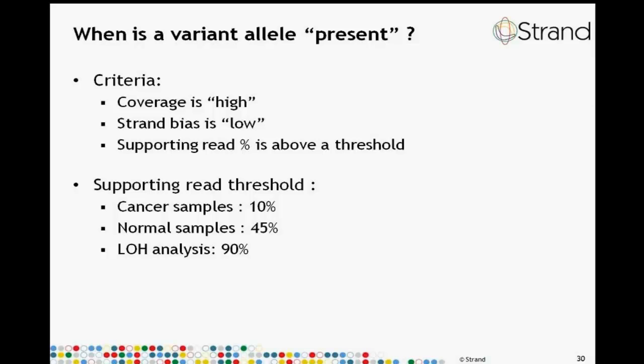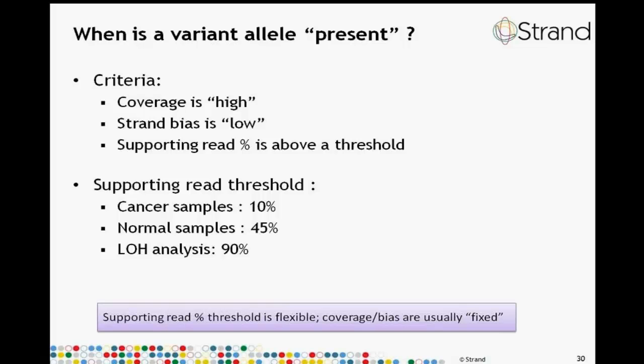And if you were doing loss of heterozygosity analysis, we might consider the threshold as high as 90%. So the actual supporting read percentage that we use as a threshold can vary by experimental setup. However, the coverage and strand bias criteria are fairly fixed.